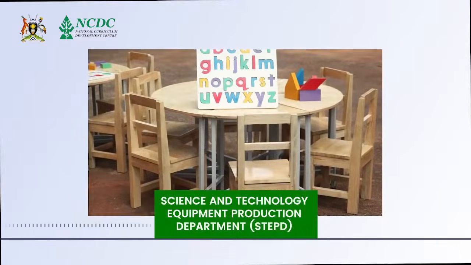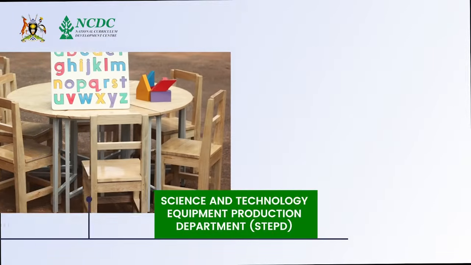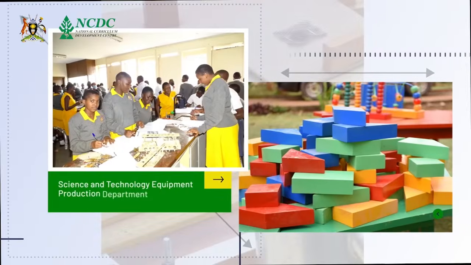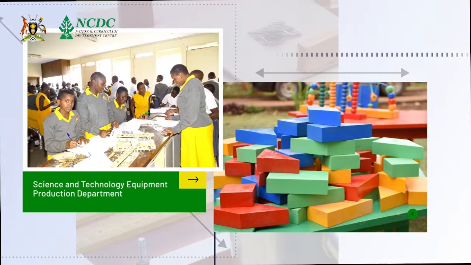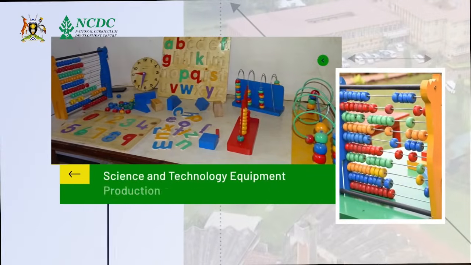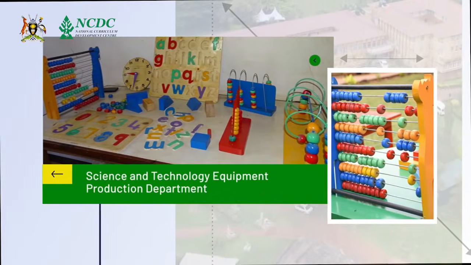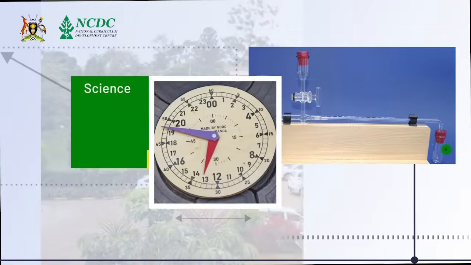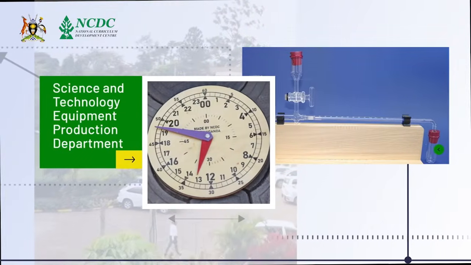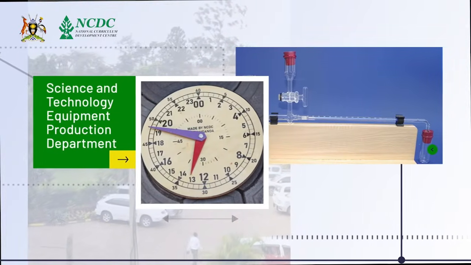Did you know that some of the science equipment used in Ugandan schools is designed and produced right here at the National Curriculum Development Center, NCDC? We strengthen the practical teaching of science and technology across Uganda's education system by designing and producing local science and technology equipment using locally available materials whenever possible.